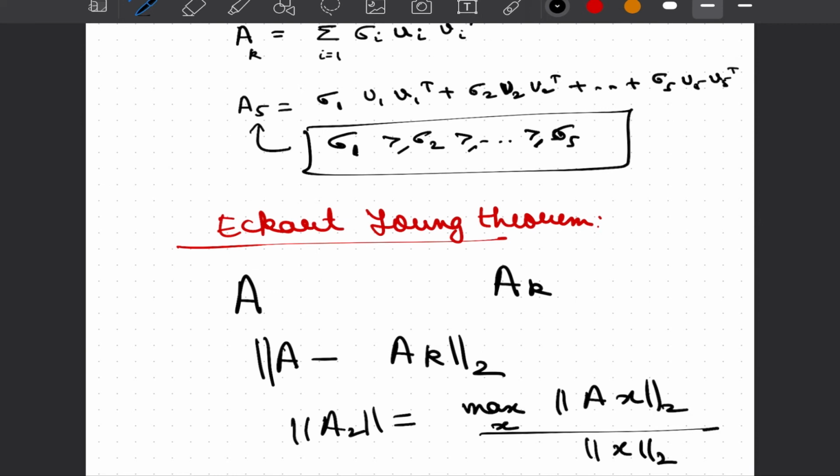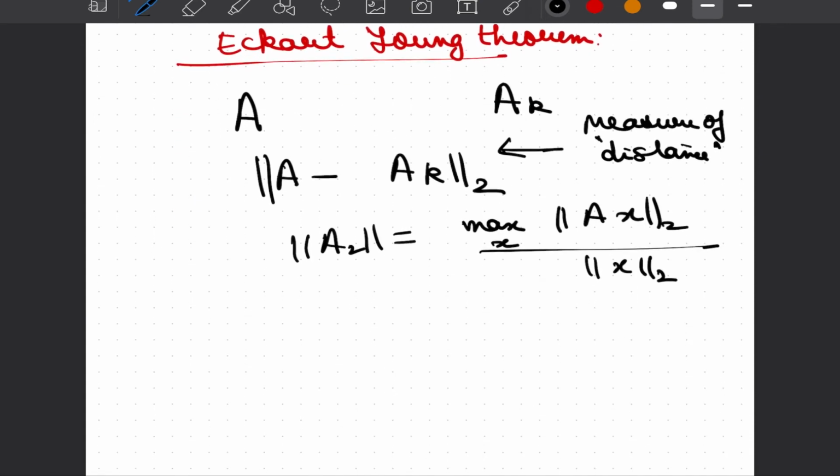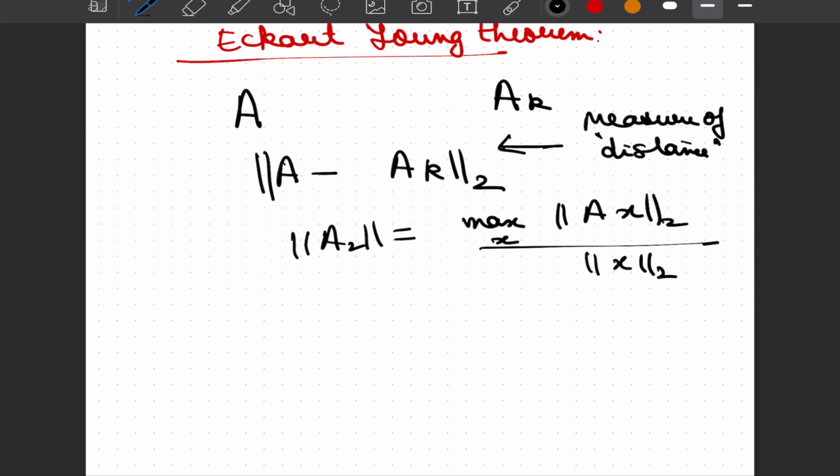But right now we should consider the spectral norm, rather than worrying about its mathematical complexity, as a measure of some distance, a measure of deviation. If two matrices are exactly identical, their spectral distance should be equal to 0, that is, A minus AK would tend to 0. And if they are very dissimilar from each other, this has to be a larger number, and that's the interpretation of the spectral norm also.